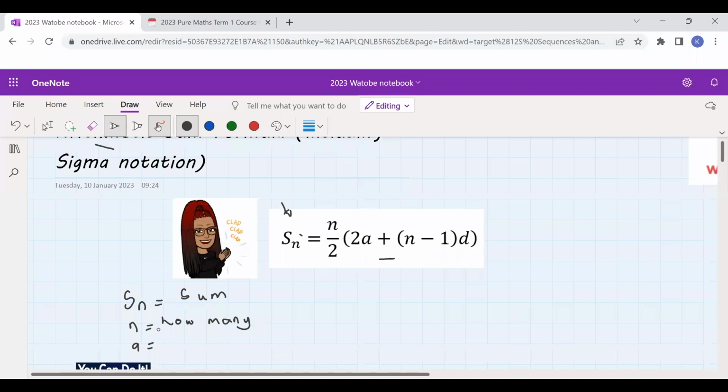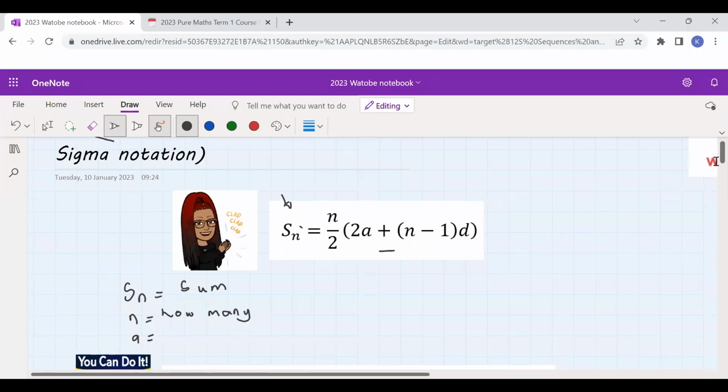You guys get it. A, who can tell me what A is? I'm sure you guys have seen these before. First term. Thank you, guys. A would be our first term. My handwriting was fine just now. Now it's like shy.